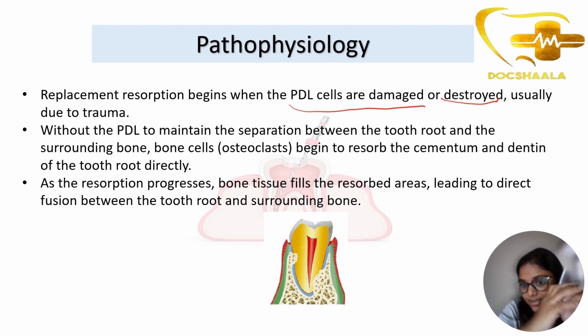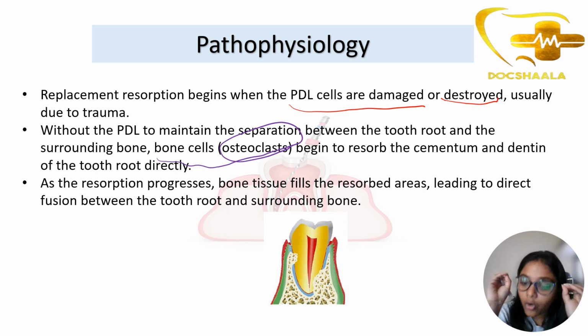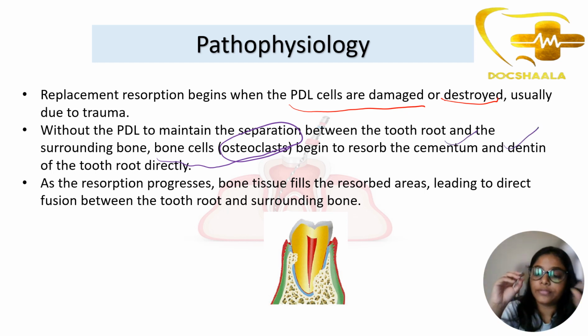The surrounding bone cells, the osteoclasts, begin to resorb the cementum and dentin of the tooth root directly.